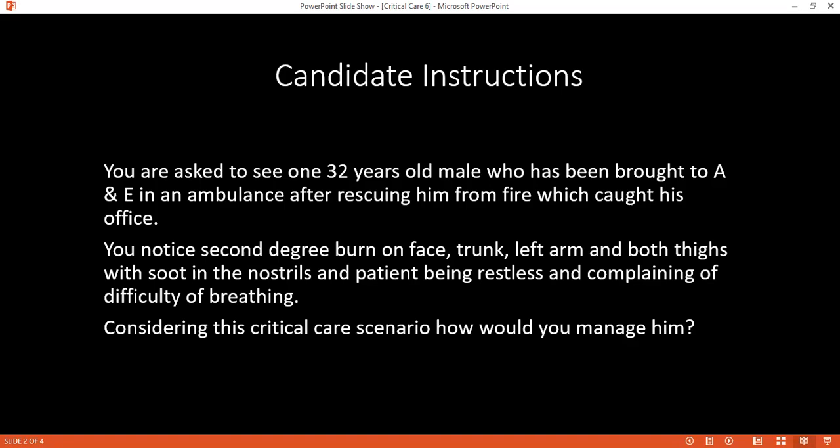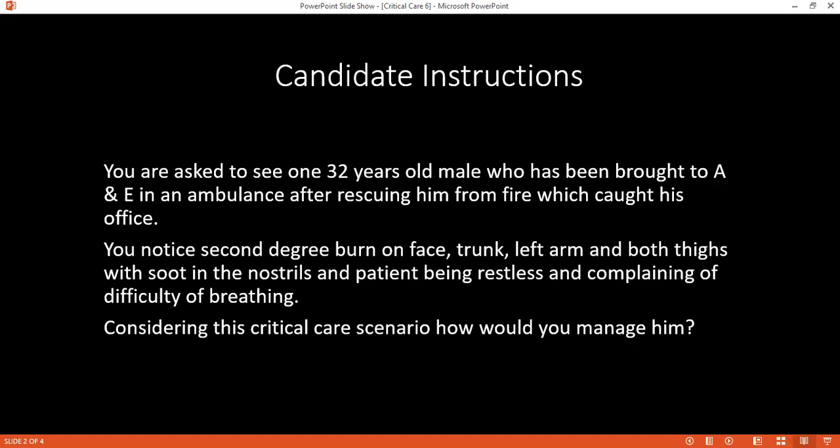Age of the patient: if less than 10 and more than 65, they will go to the burn unit. Circumferential burns, burns of the face, extremities, hands, feet, genitalia, perianal area, head and neck.